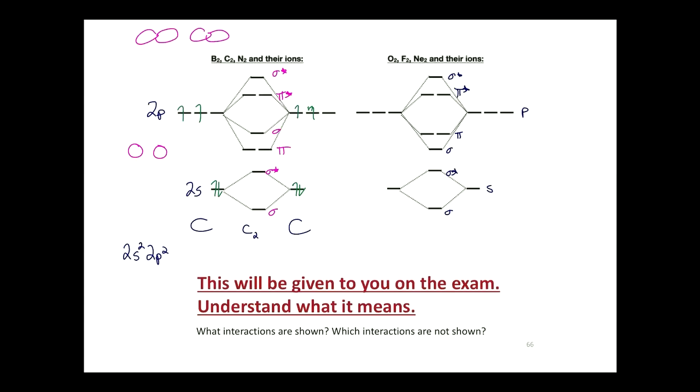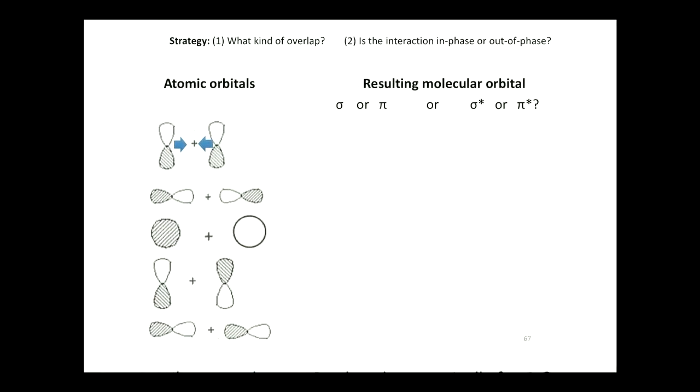So let's do some example problems. If we combine these atomic orbitals, so each of these is a different interaction, what molecular orbital results? I'll break it down in the simplest of terms. When thinking about molecular orbitals, the hardest of all our theories, you want to think of 2 things. What kind of interaction, meaning what kind of overlap is taking place? Is it sigma or is it pi?